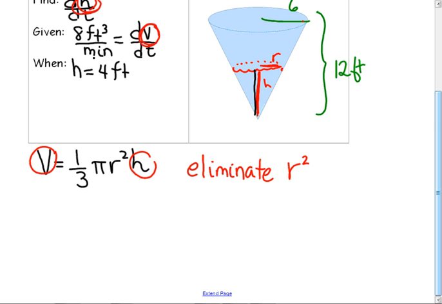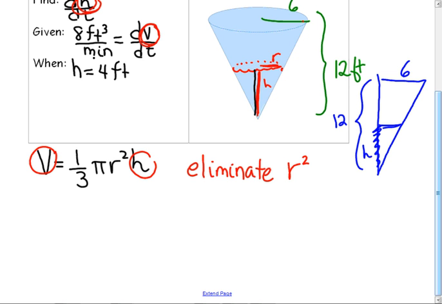Okay, so now we got to go up here to our picture. And it's not Pythagorean's theorem. I'm going to pull this triangle out. This is 6. This big height is what? 12. This little height is h. This little radius is r. We have similar triangles.